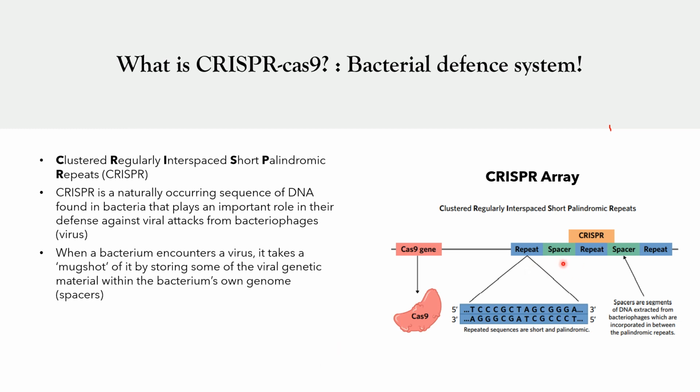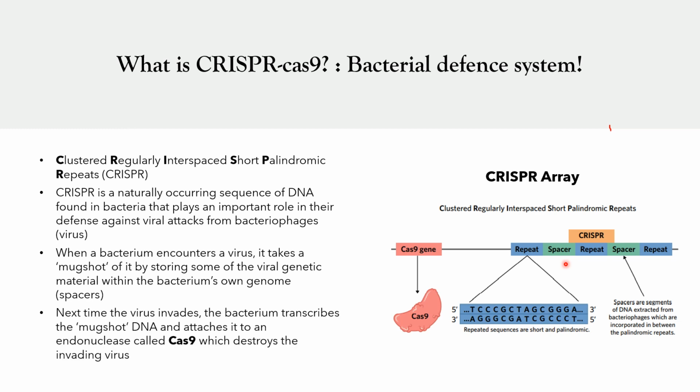So in these spaces, the bacteria will take part of the virus's DNA and put it into this spacer to help it remember that virus, and that is then used in its immune defense. The next time that virus invades that bacteria, it's able to transcribe this mugshot in the spacer region of CRISPR, and it attaches it to an endonuclease enzyme called Cas9 over here. And this enzyme is involved with destroying the invading virus.